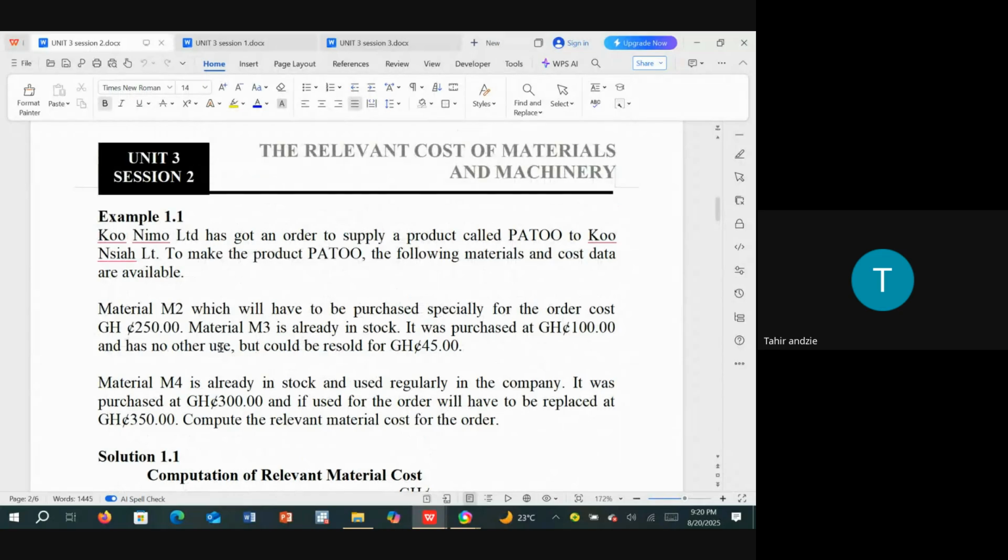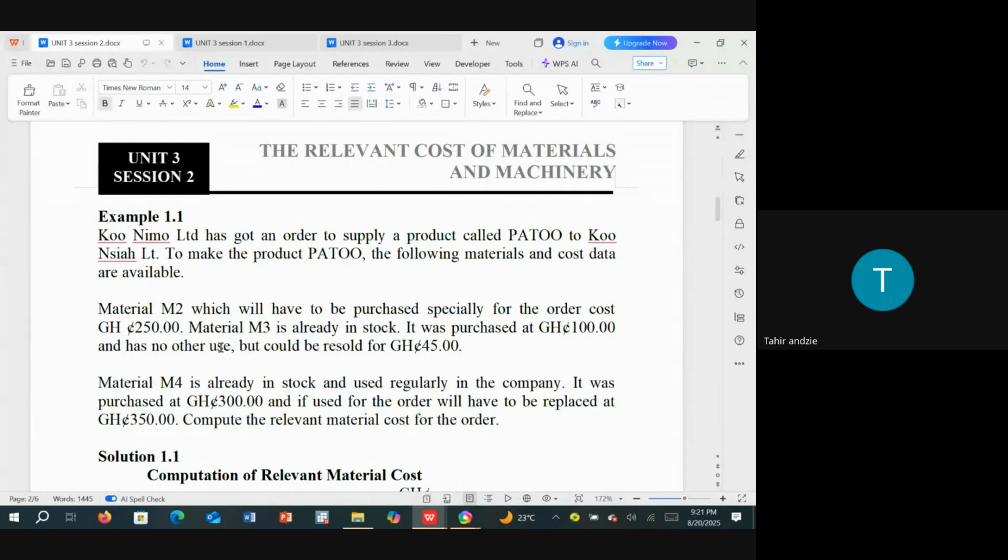So let's take material M2. What is the relevant cost of material M2, based on the considerations we have given? If the material is not in stock and has to be purchased specially for a particular decision, the estimated purchase price is the relevant cost. If the material is already in stock and used regularly and will have to be replaced when used, then the relevant cost becomes the replacement cost.